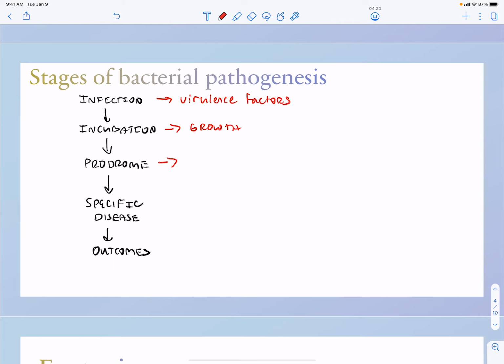Our prodrome is where you have your immune response, your acute phase response, which is that IL-6, TNF alpha, and IL-1. You also have, in this case, this would lead to, of course, fever plus nonspecific symptoms.